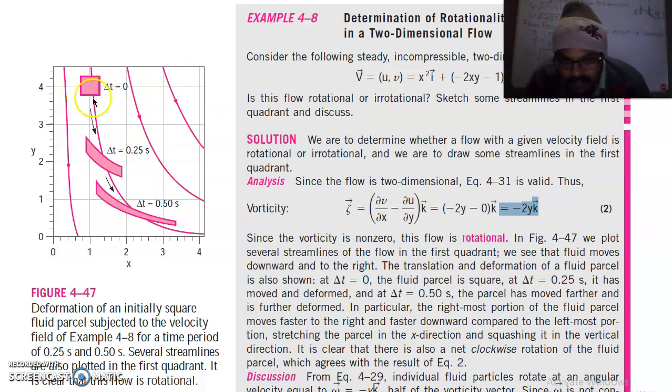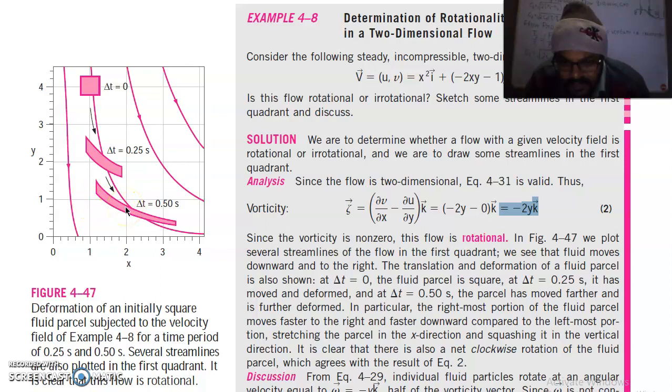At time t equal to 0, the fluid parcel is a square, so it has not undergone any translation or rotational motion. At time t equal to 0.5 seconds, it has moved and deformed, and at later times the parcel has moved farther and farther to the right.